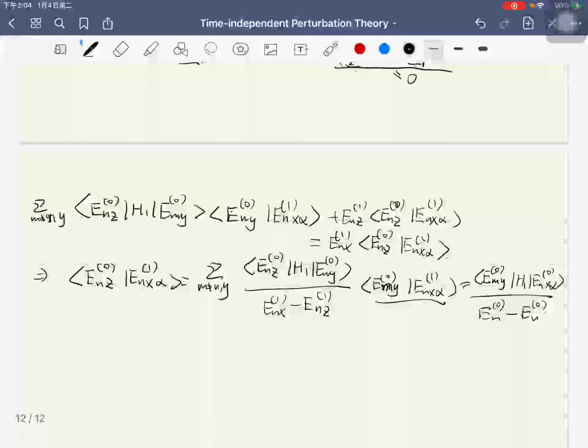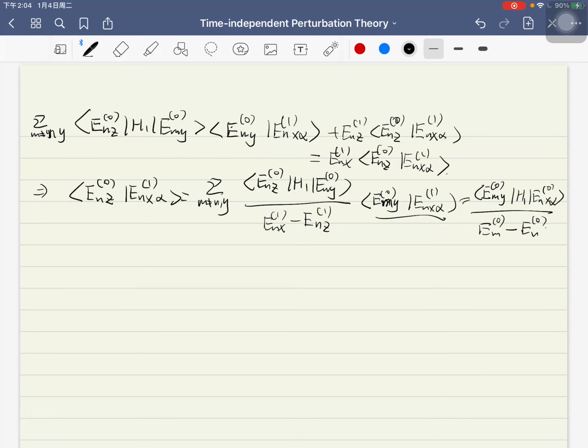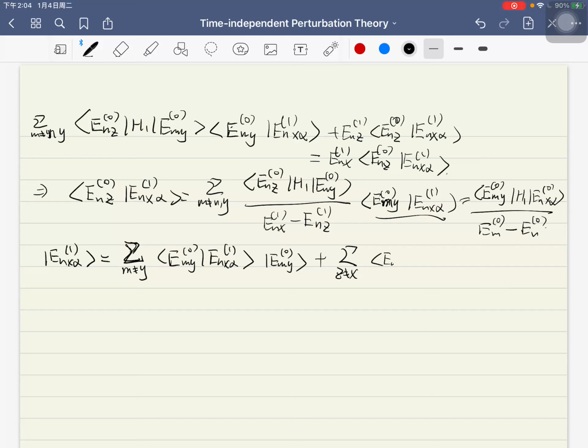And the first order state correction can be written as alpha 1 equals the summation over m, y, E m y 0, plus the summation over z not equal to x, and z0 E n x alpha, over E n z0.